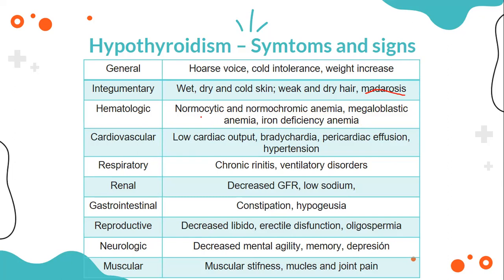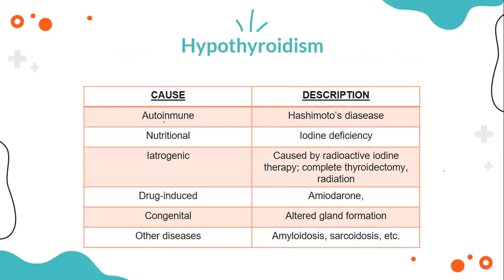Why do you think a person with hypothyroidism would have a normocytic and normochromic anemia? I didn't tell you, right? Sorry, I'm going to go backwards. When we're talking about causes, the immune cause of hypothyroidism, the most common disease is actually Hashimoto's disease.